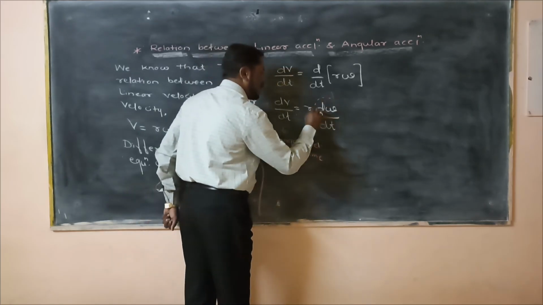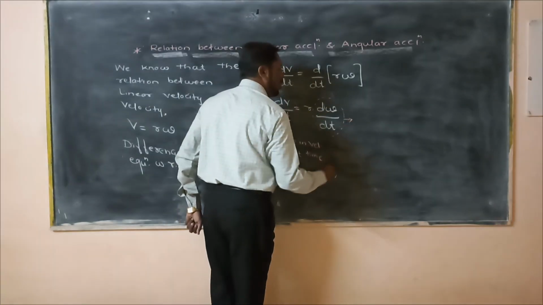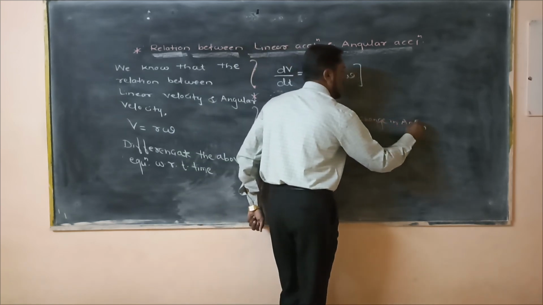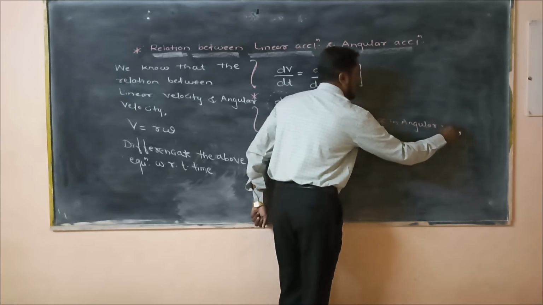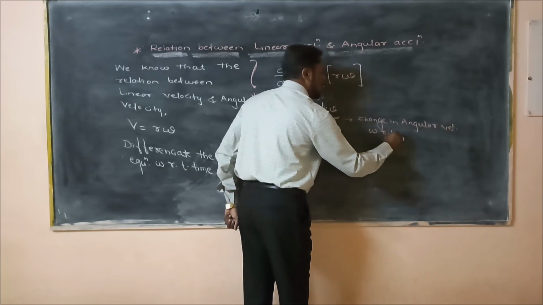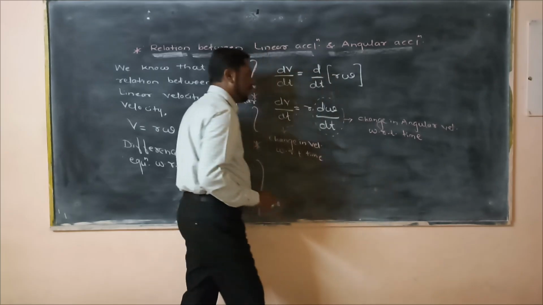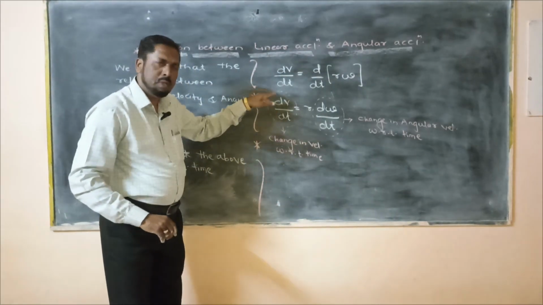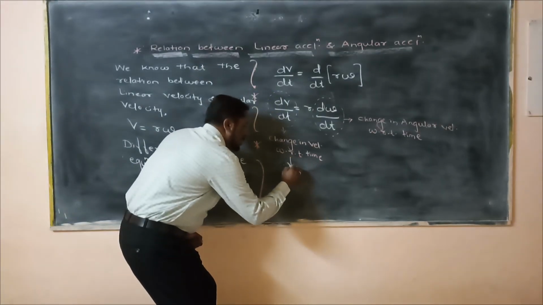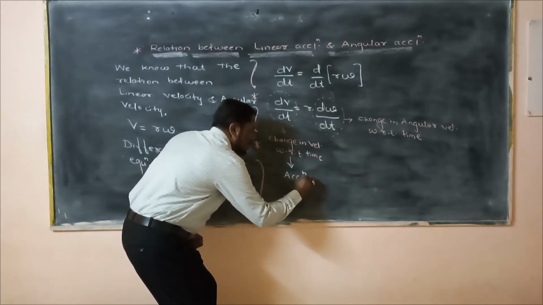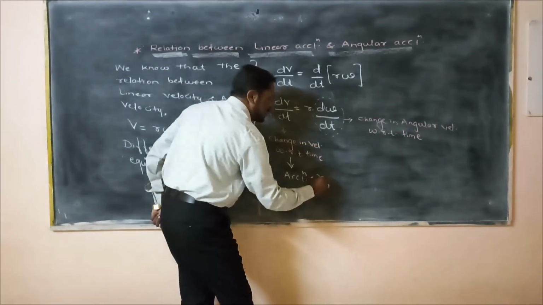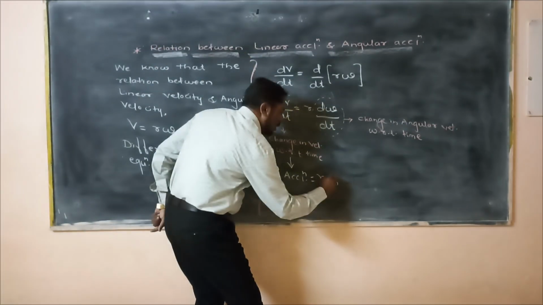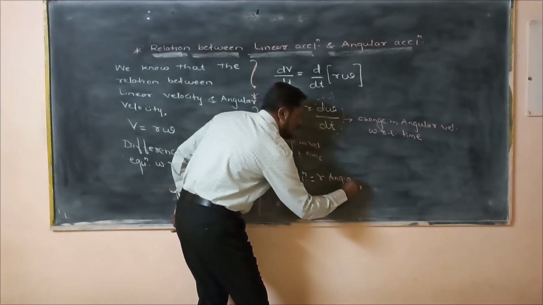What is this factor d omega by dt? This d omega by dt is nothing but change in angular velocity with respect to time. And we are well familiar that change in velocity with respect to time is called acceleration. Radius factor as it is. Change in angular velocity with respect to time is called angular acceleration.